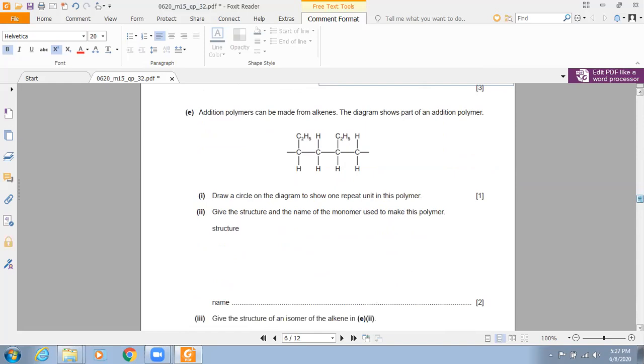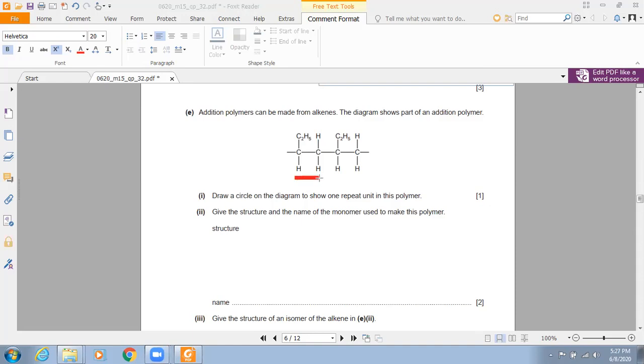Next one: draw a circle on the diagram to show one repeat unit. I taught you earlier that this is an addition polymer because it is solely made of a carbon chain. This is how we can identify it easily. So look at this. Every two carbons will make one unit.